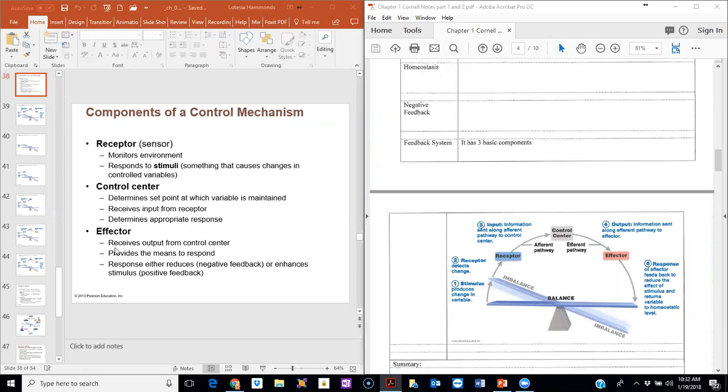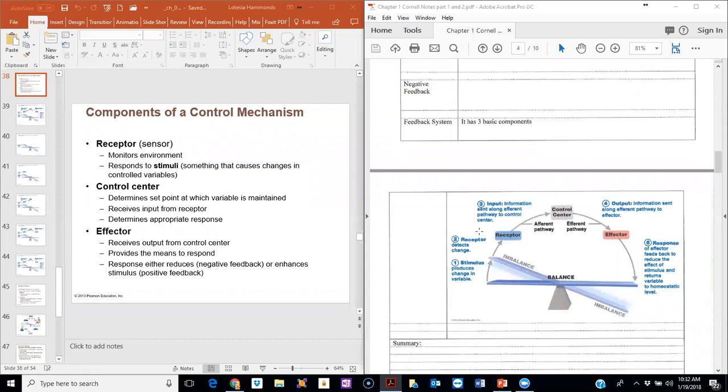And then from there, it will be sent to your effectors, usually going to be your glands, organs located within the body. And then, as I stated previously, the response depends upon whether or not it's a negative feedback or positive feedback. Negative feedback will reduce, whereas positive will enhance or intensify.